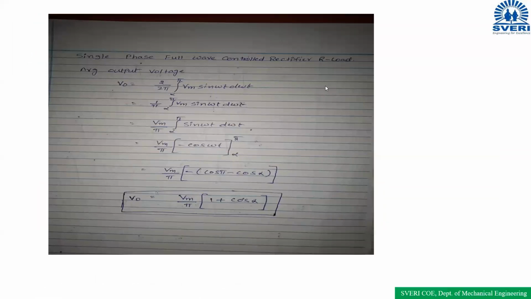For example, alpha is equal to 30 degrees, and the supply voltage is equal to 230. Here, we know the formula Vm is equal to root 2 into Vs. Clear? So root 2 into Vs by pi into 1 plus cos 30, which is root 2 into 230 by pi into 1 plus cos 30.